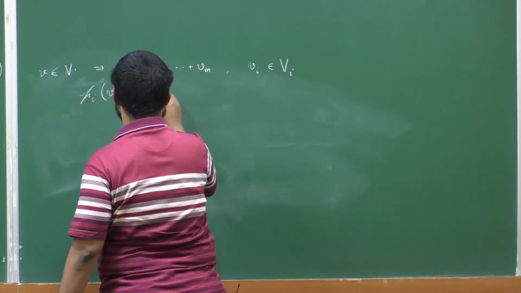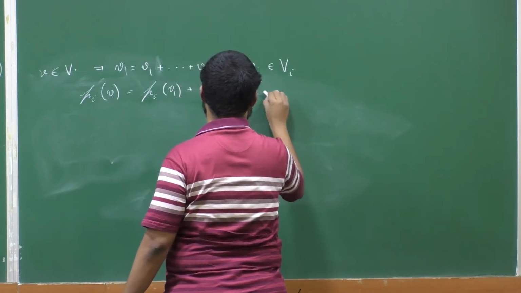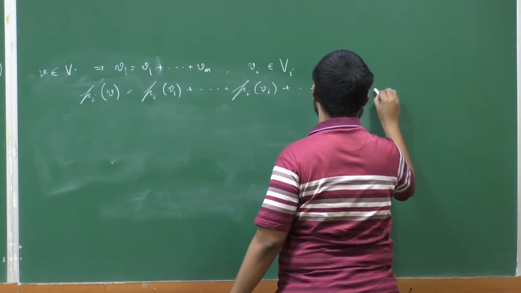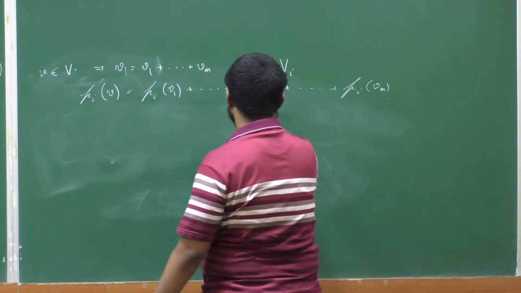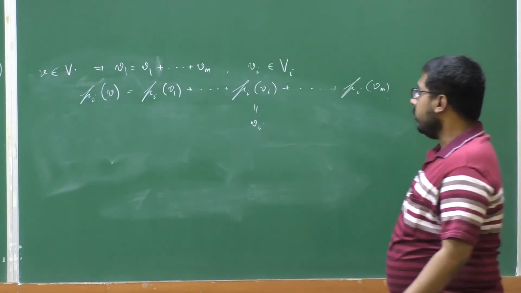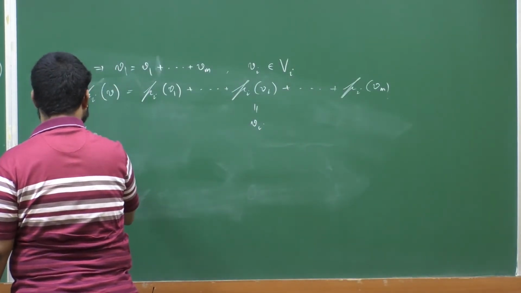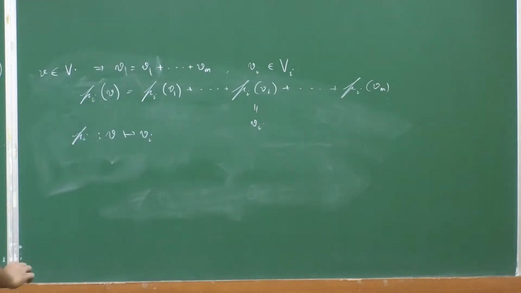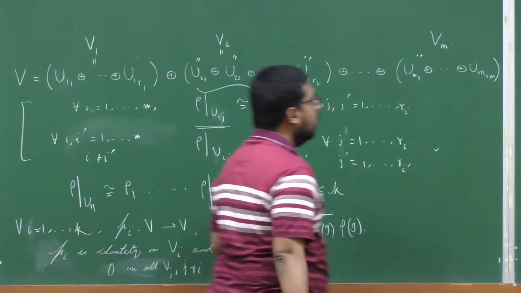So this will be Pi of v1, up to Pi of vi and then Pi of vm. What we have just observed is that only this term will survive and the rest will go to 0. So therefore for each v, Pi is sending v to the ith summand of the decomposition.